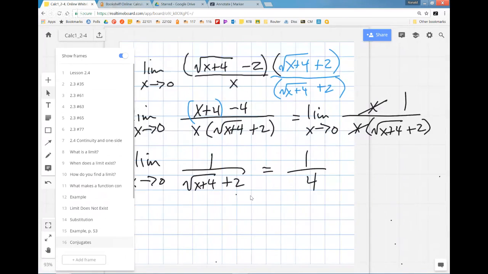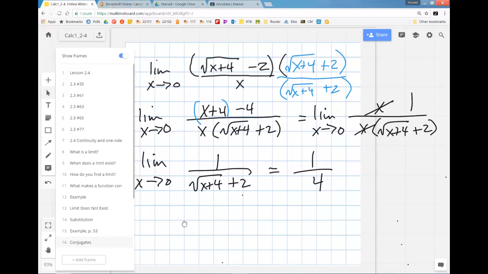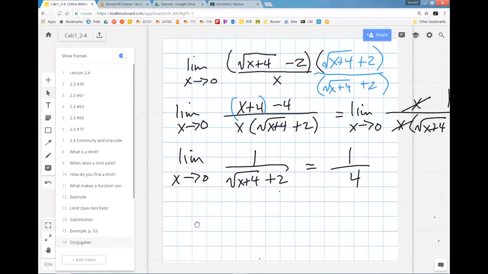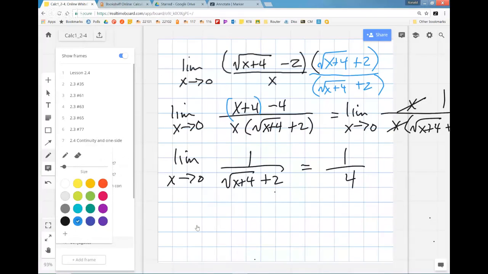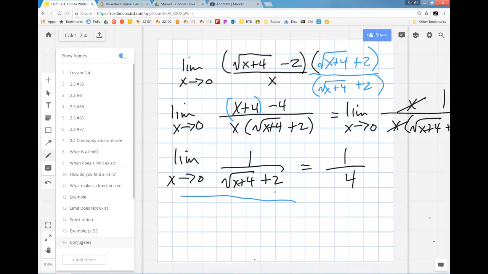So you've got an x on the top, and the x cancels, and you're down to this expression right here. And now I can substitute. As x approaches 0, you have the square root of 4, which is 2 plus 2, so the denominator is 4. Answer, the limit is 1/4.